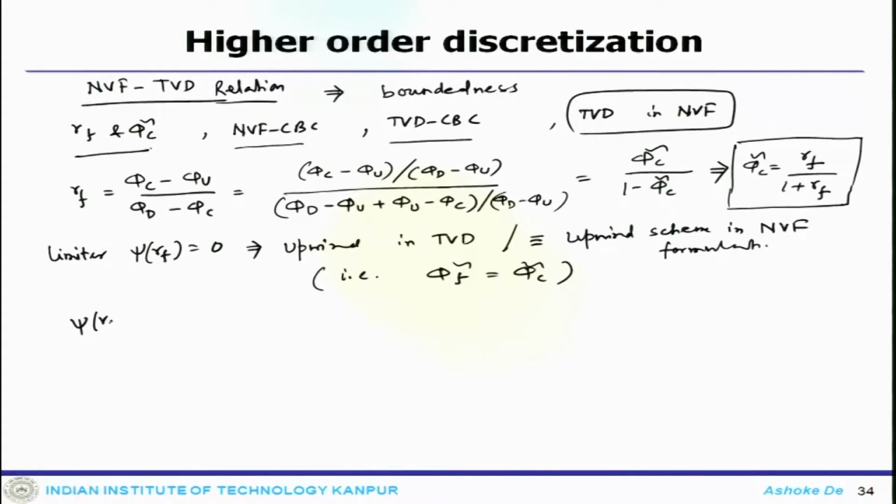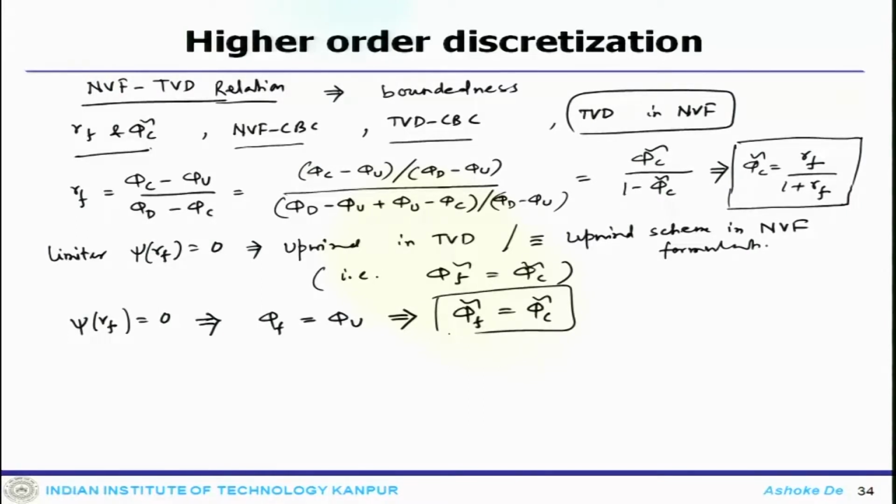psi RF equals 0, that means phi f equals phi u, which in other way round phi f tilde is phi c tilde.